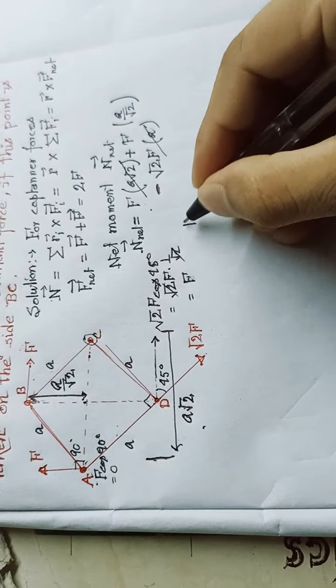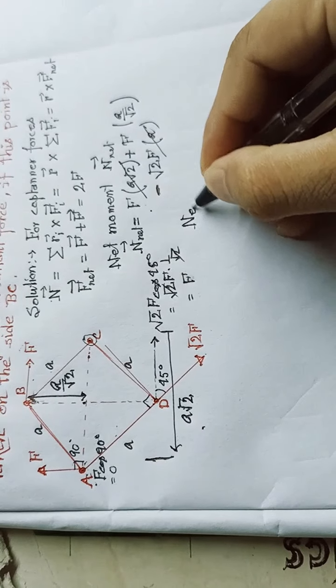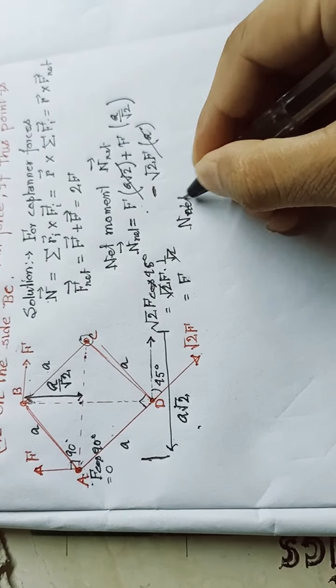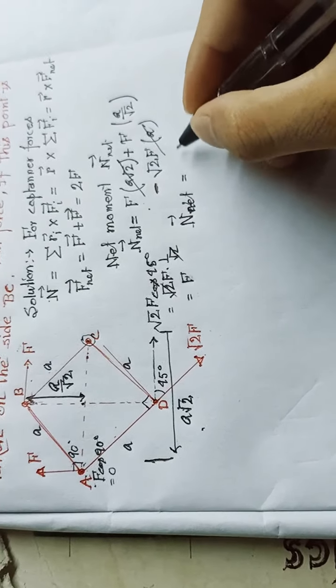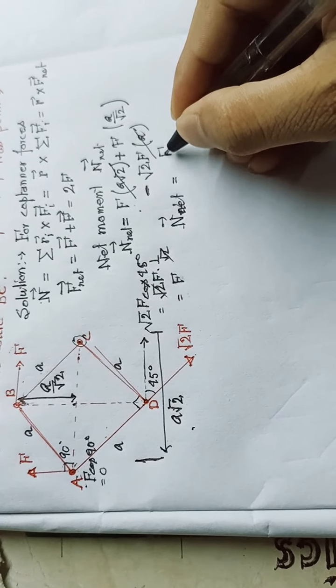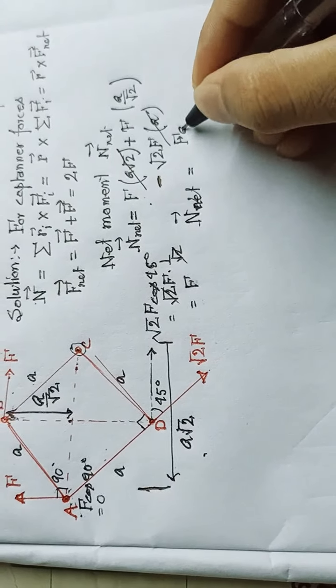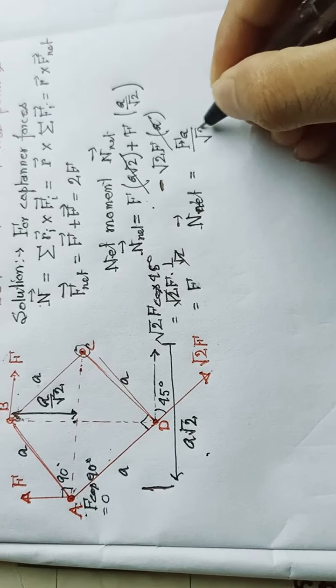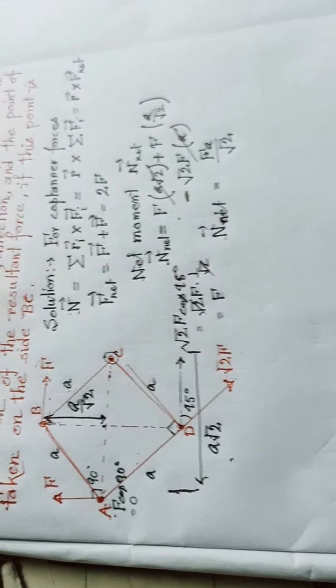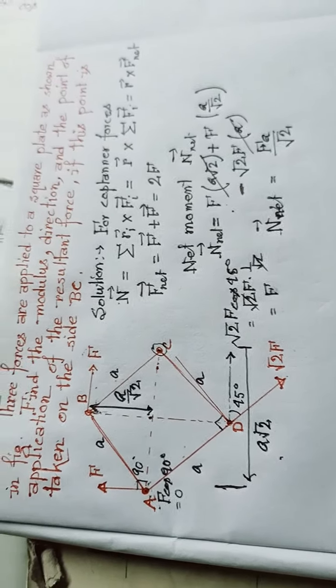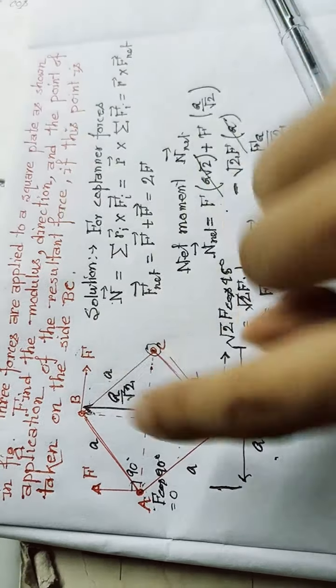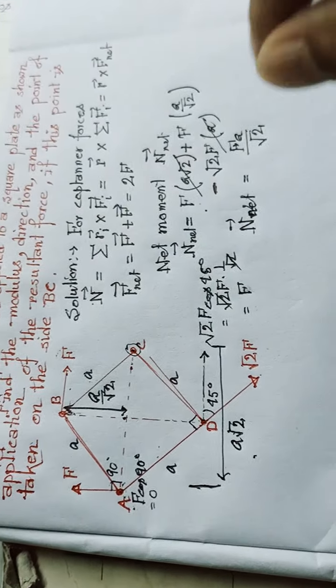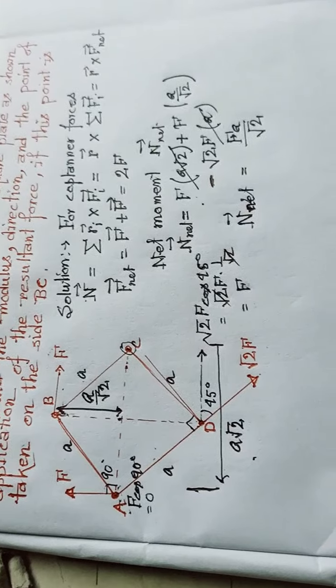So the net moment N net will be equal to FA divided by root 2, and the sense of direction, for finding the sense of direction, we will use the right hand thumb rule.